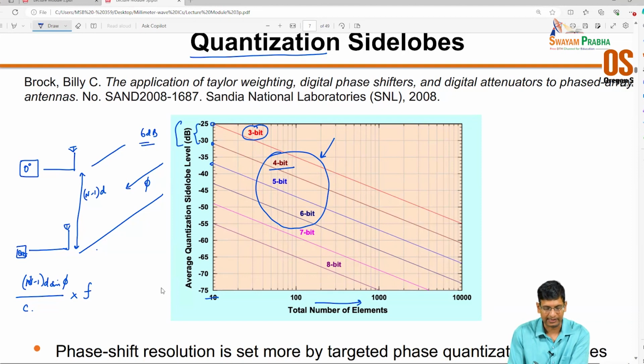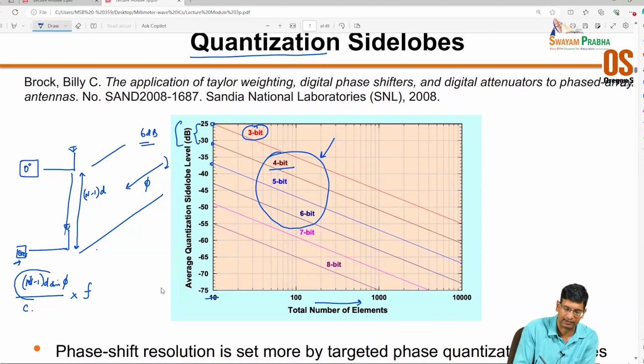So let's say d is lambda over 2. So then you basically have a situation where you can resolve a very small change in shift because your baseline has increased a lot, right?